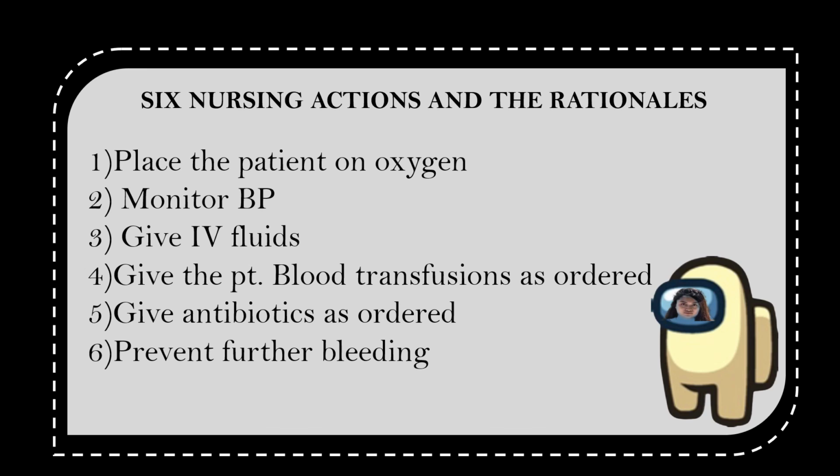Number 6. Prevent further bleeding. Give the patient the call light and have her ask for help. Move any objects that can cause injury to the patient. Rotate sites where the patient's blood pressure is being assessed and use a manual cuff until her clotting factors have improved.